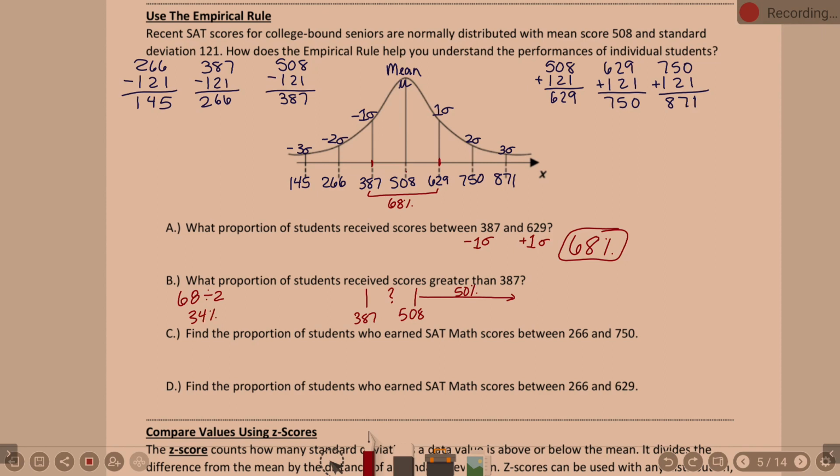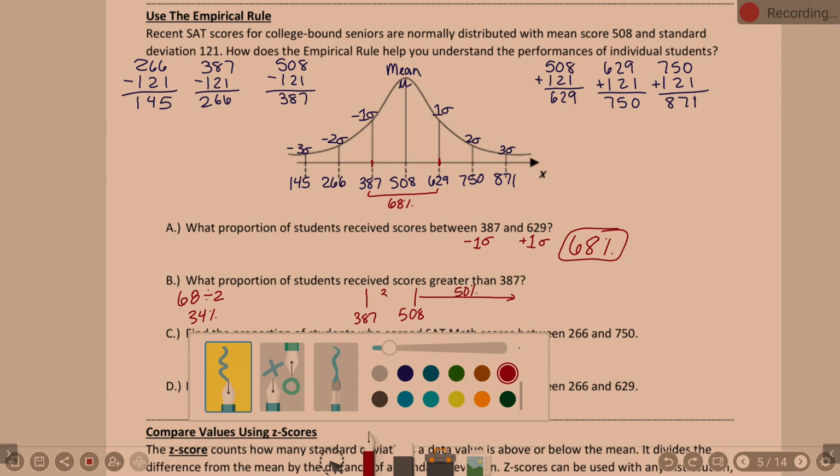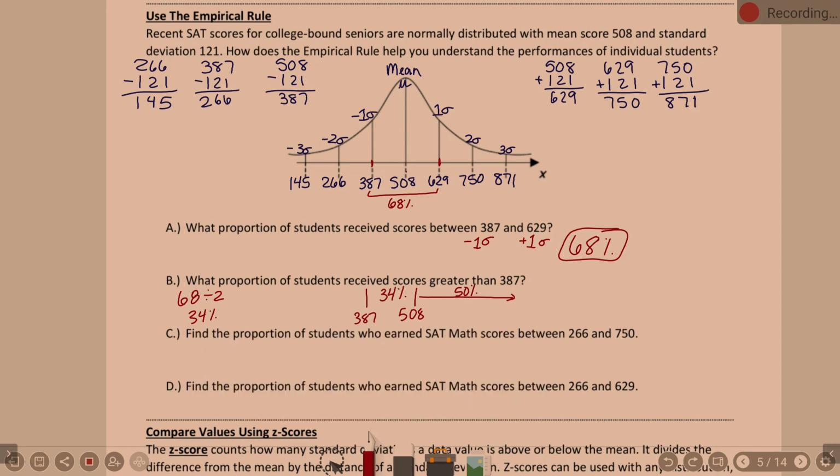So what is between 387 and 508? 34%. And from 508 over is 50%.